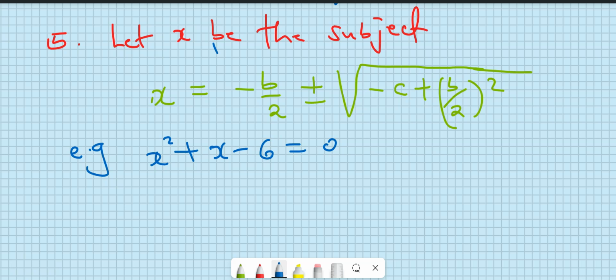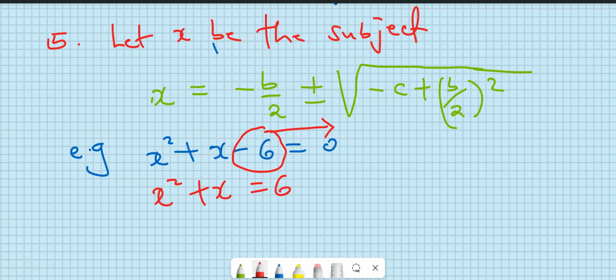So let's proceed. The first step, as I said, is we have to remain with only variables on the left hand side and then constants on the right hand side. So this becomes x squared plus x equals to 6. That's the first step. As I told you, this part C goes to the right hand side.